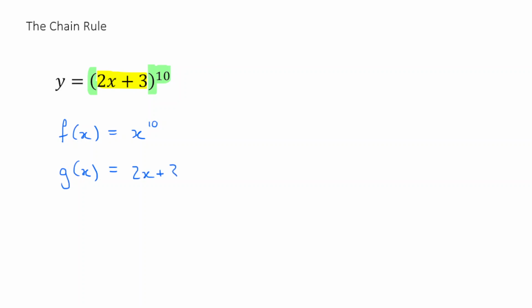And we know how to differentiate that too. What I'm really saying is that y is actually equal to f, but instead of x, what we've put inside is 2x plus 3, or if you prefer, the function g(x). In other words, the small function g(x) is going inside the bigger function f(x).